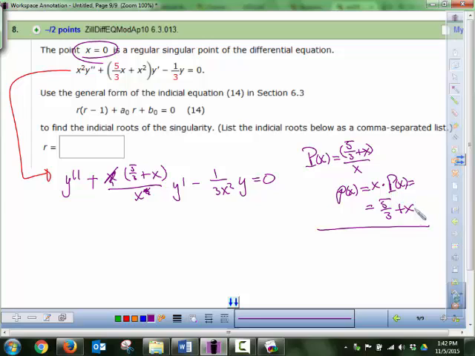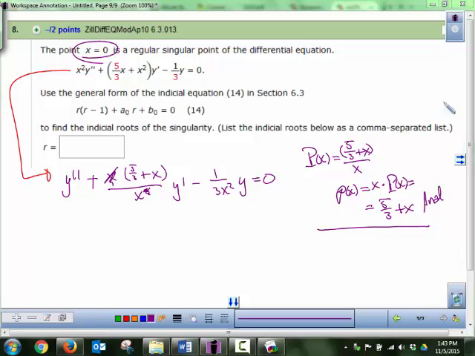This is analytic at x equals 0. They tell us it's a regular singular point, but we're just checking to make sure.